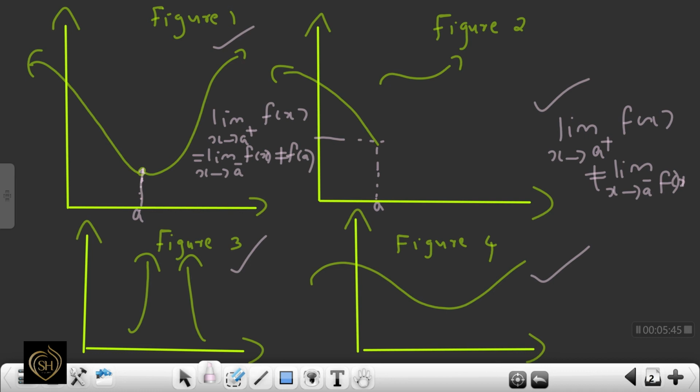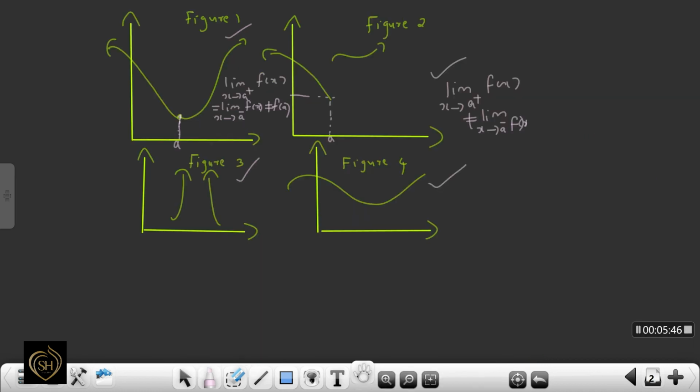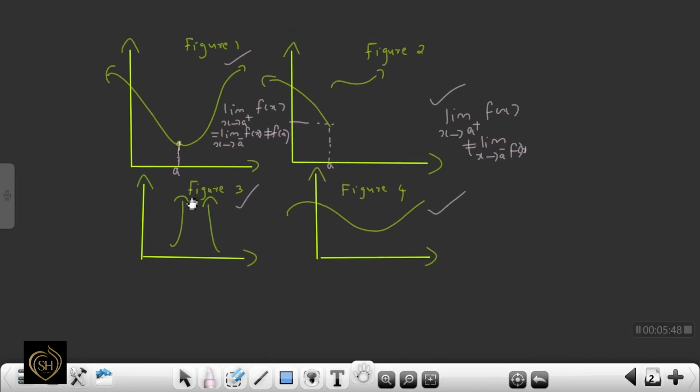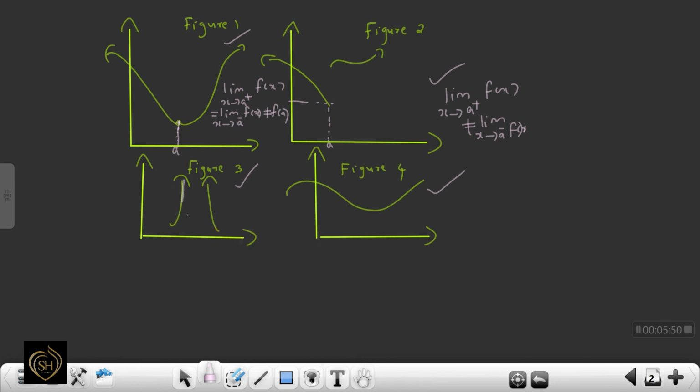It is a discontinuous function. In the third graph, the right hand and left hand limits approach infinity. That is, limit x tends to A plus f of x and limit x tends to A minus f of x tend to infinity. Once again, you cannot have a continuous graph.